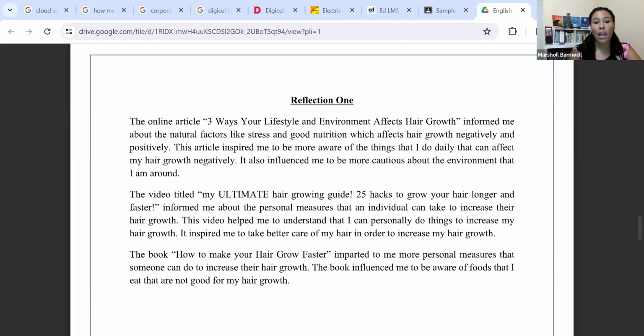The next artifact, the book, so we know it's a book, How to Make Your Hair Grow Faster, imparted to me more personal measures that someone can do to increase their hair growth. The book influenced me to be aware of foods that I eat that are not good for hair growth. So as you can see, the format remains the same as we go along for each artifact.